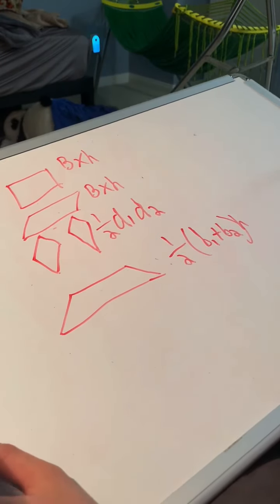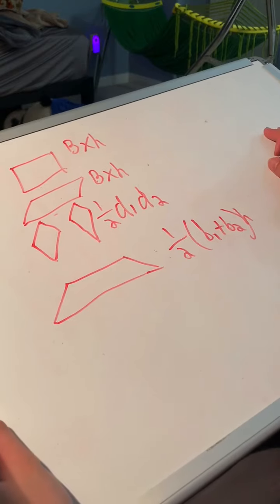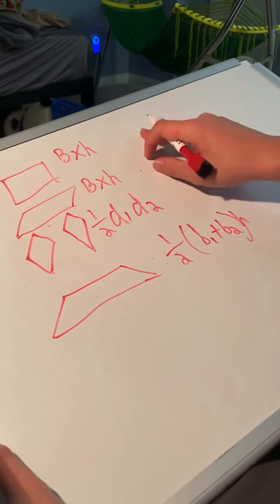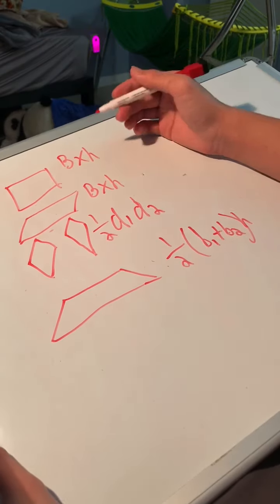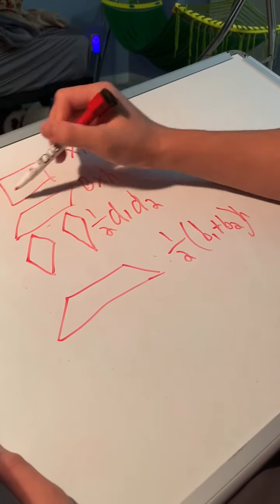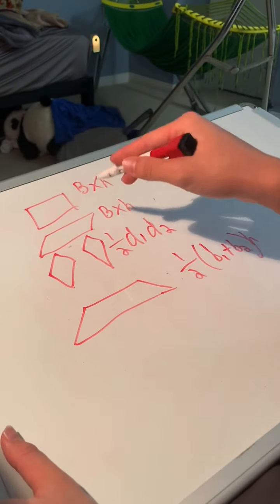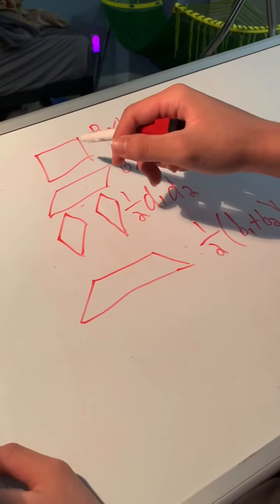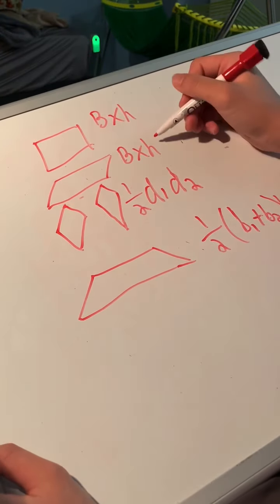Alrighty, so in this little summary, we're just going to be going over the equations and basically the main gist, if you forget. So, the rectangle is the easy base times height. We got the parallelogram. Think of it as just a shifted over rectangle. Same thing, base times height.